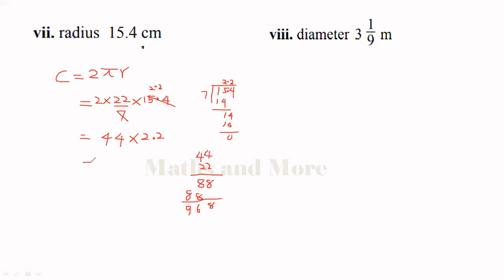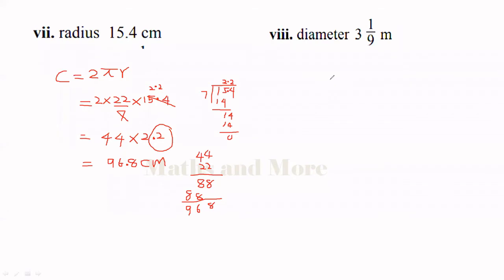Then 968. But we have to separate decimal places. Here there's one decimal place. Can you see it on the right hand side? One decimal place is there. So here also you have to separate one decimal place. 96.8 is the answer.